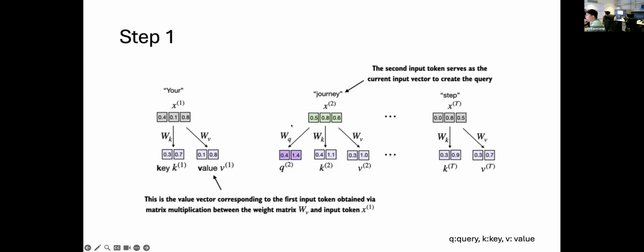They are transformed by the trainable weights, WQ for query, WK for key, and WV for values. In this case, we are still using the second token x2 as the example. So we don't need query for x1 and other tokens except x2.